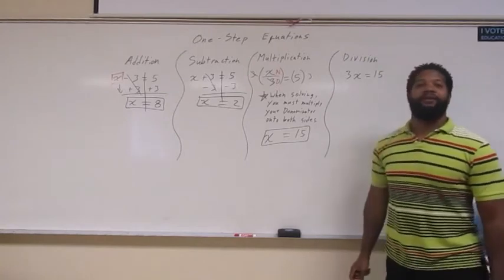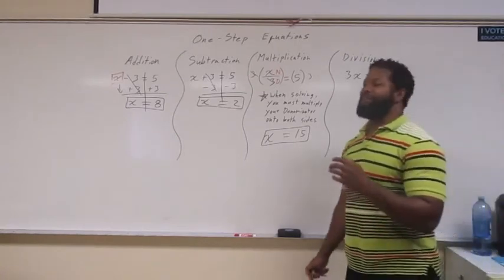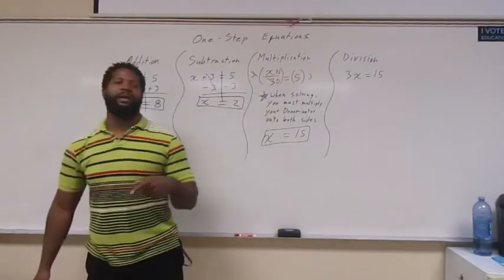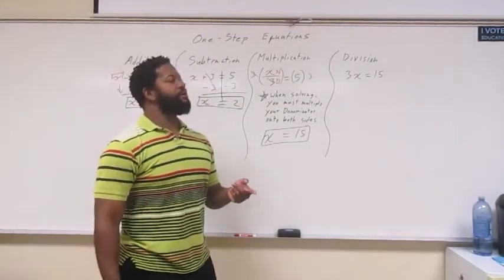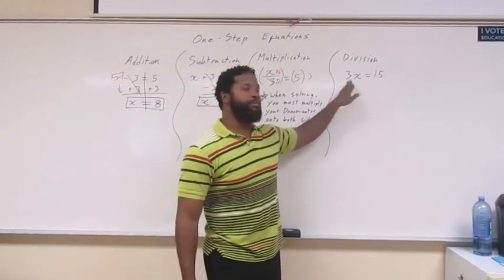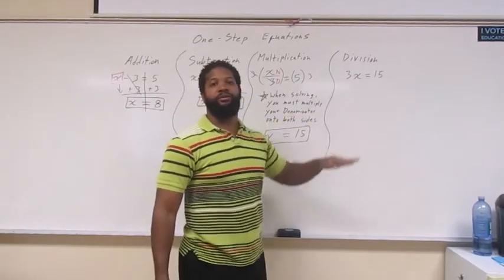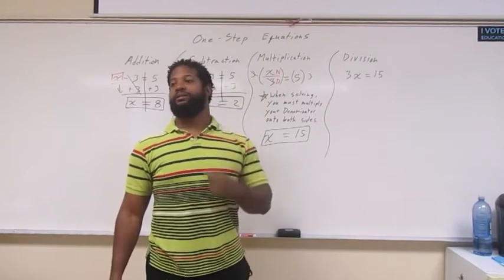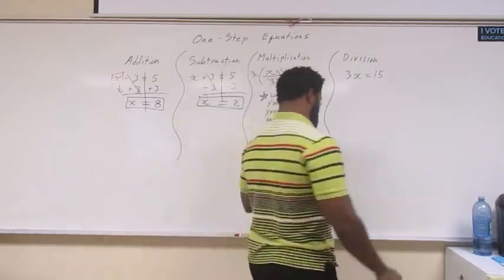Okay? Now, I think we went over this when I was going over the order of operations. What happens when you have a number next to a variable? What does that mean? Multiplication. Say it louder. Multiplication. Okay?